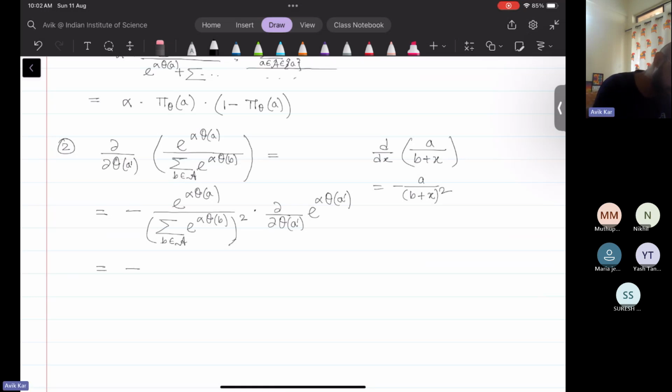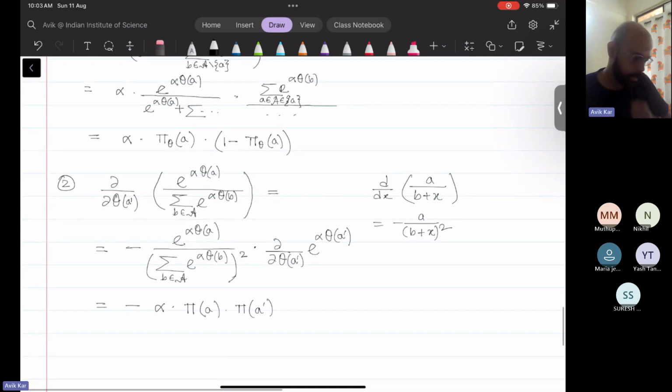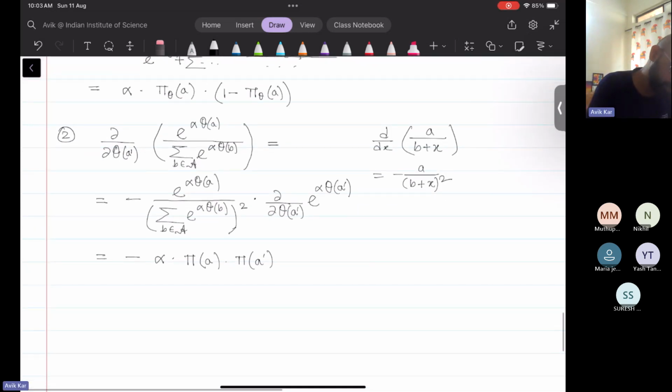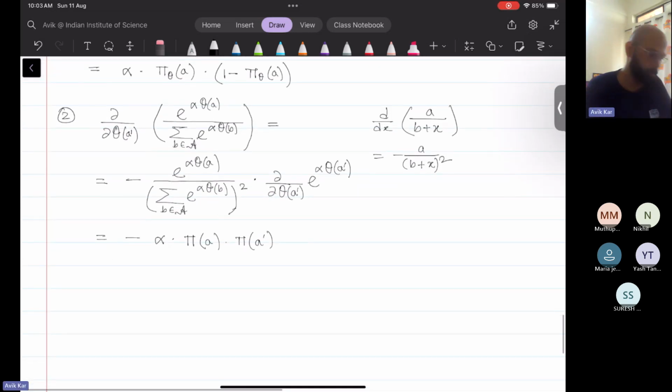So this will be equal to minus alpha times pi a times pi a prime. I hope I'm correct. So yeah, that's it.